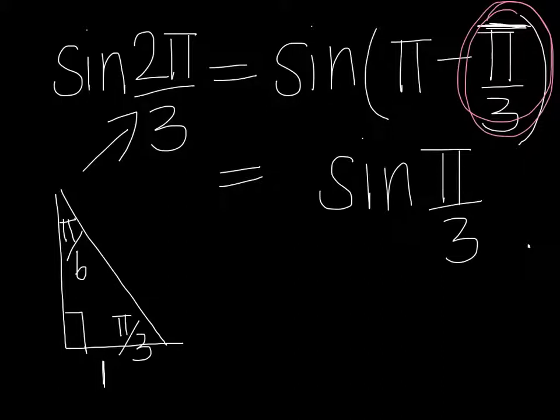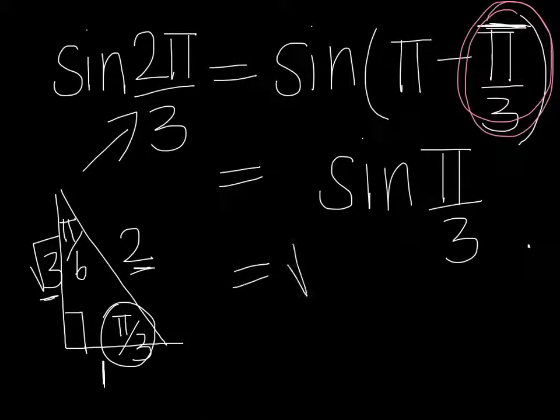This is going to be 1, 2, and root 3. So we're working out sine of pi on 3, which is opposite over hypotenuse, which is going to be root 3 on 2. And we're finished.